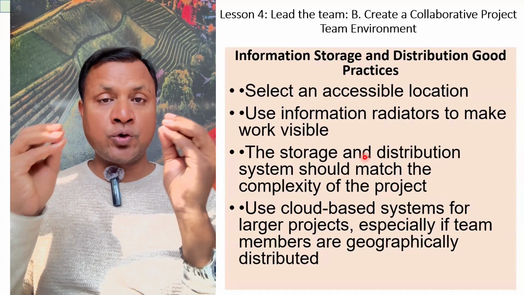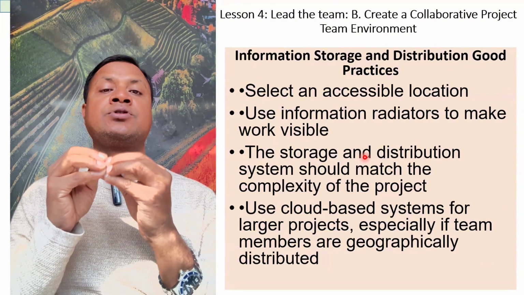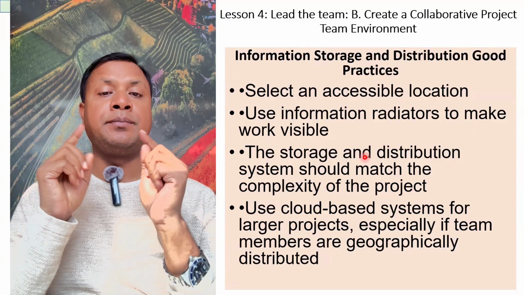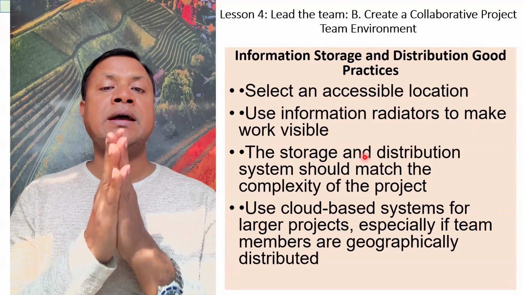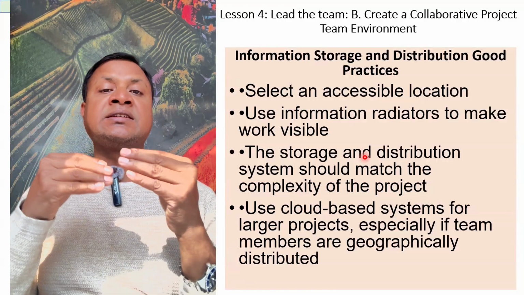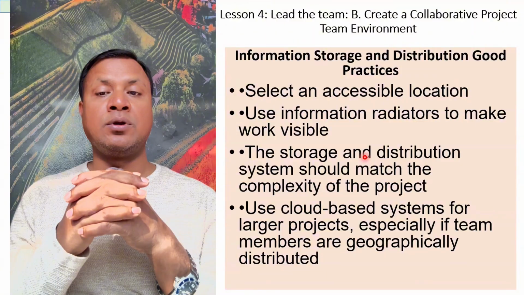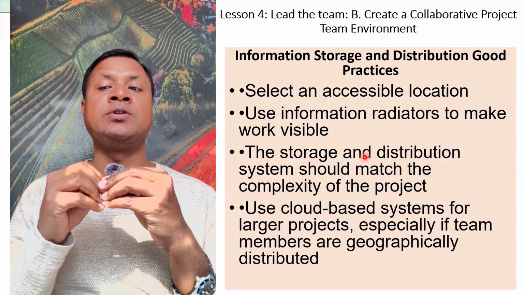So information storage is important. Distribution good practice is also important because each of the team members has some information, and information from each of the members should be kept in the system. Select an accessible location. Use an information radiator to make work visible. The storage and distribution system should match the complexity of the project.